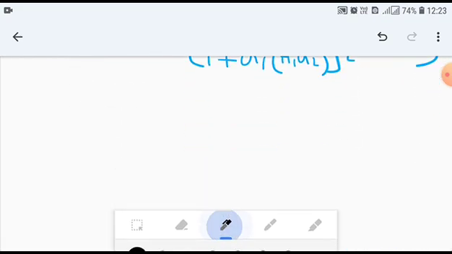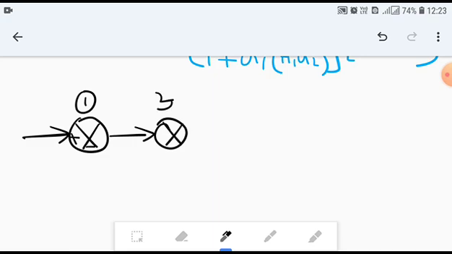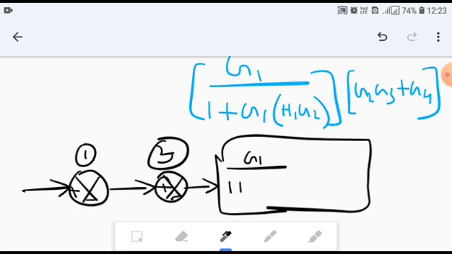So again I am going to draw this. Summing point 1 is still there, and summing point 3 is also there. 2 we have combined, this is plus minus, and here this block which we got, we are going to draw this big one, which is G1 by 1 plus G1 H1 G2 into G2, G3 plus G4, right?